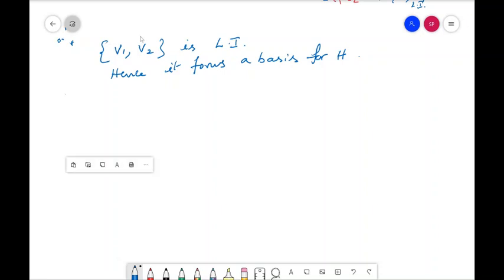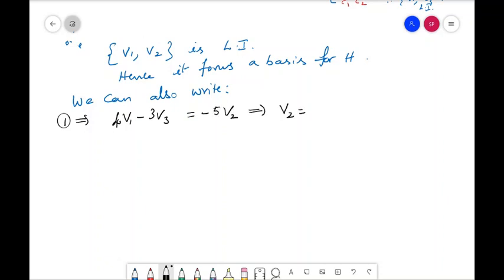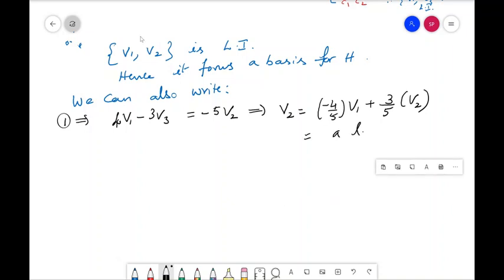So we can also write equation 1 implies 4v1 minus 3v3 is equal to minus 5v2, which implies v2 is equal to minus 4 by 5 v1 plus 3 by 5 v3, which is, not v2, this is v3.